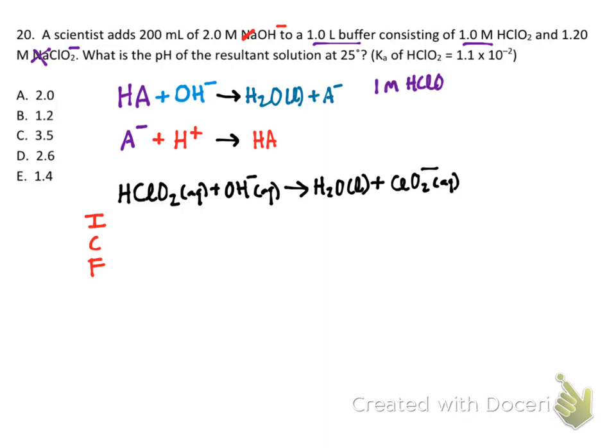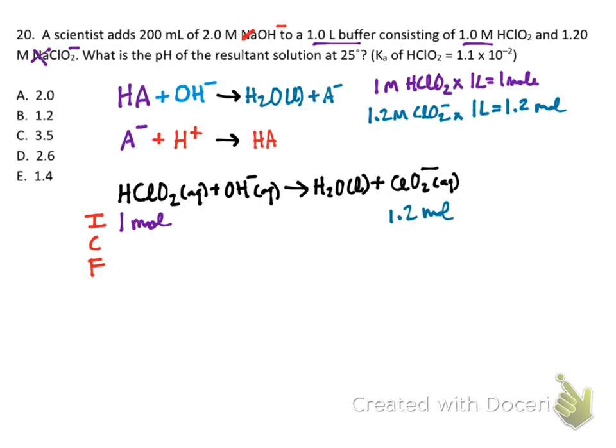So it's 1 molar HClO2 times the 1 liter of solution, which is 1 mole. Now remember, our 1 liter also contains 1.2 molar ClO2 minus. So 1.2 molar ClO2 minus times 1 liter is 1.2 moles.